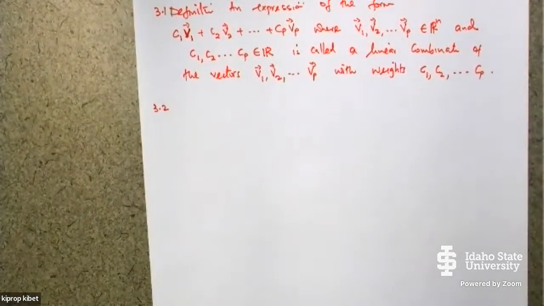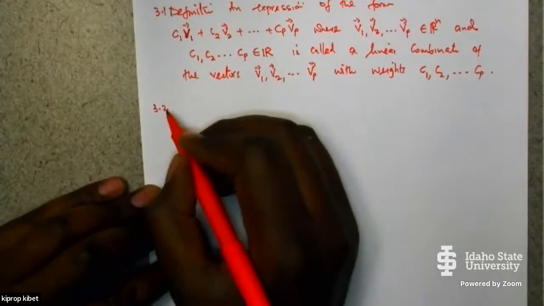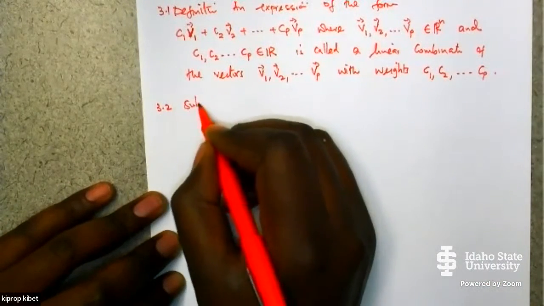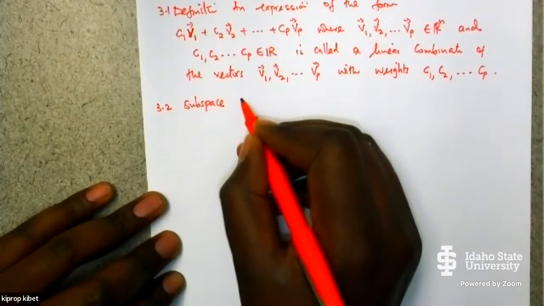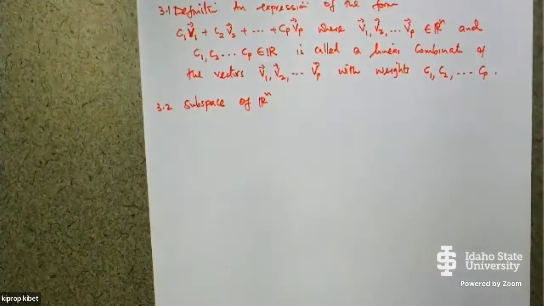Now, from the linear combination, we come to the subspace of Rn. What is the subspace of Rn?